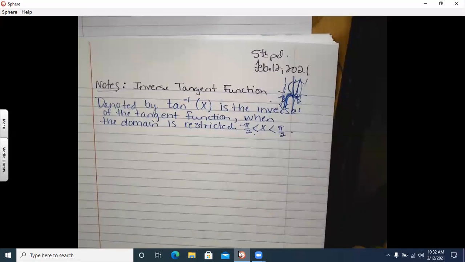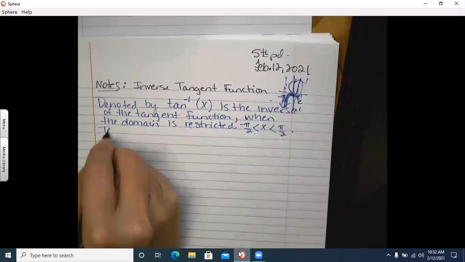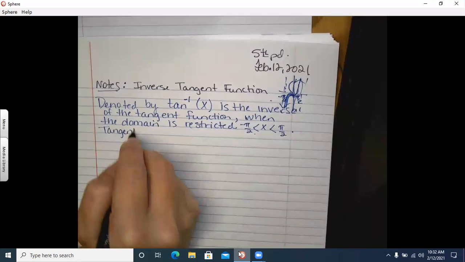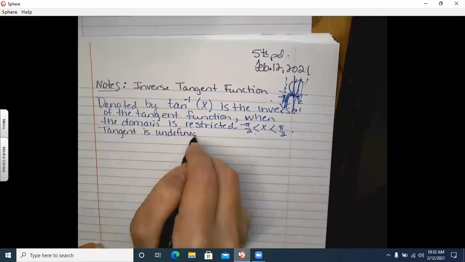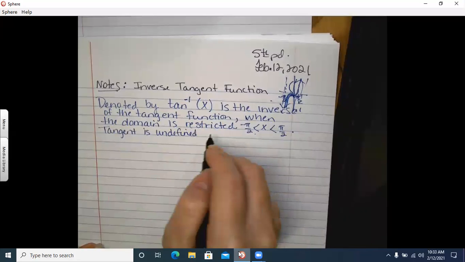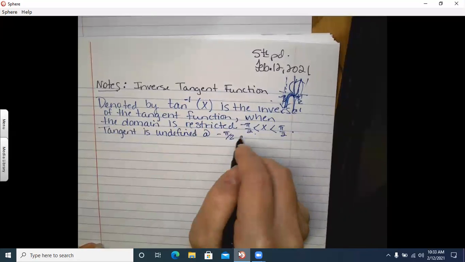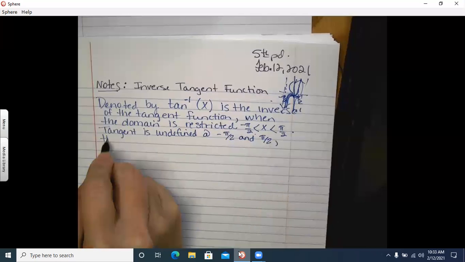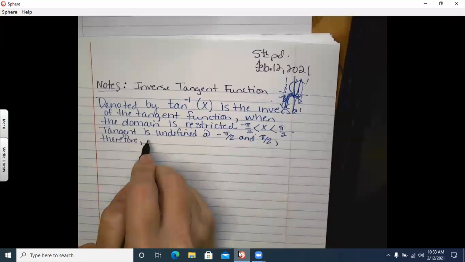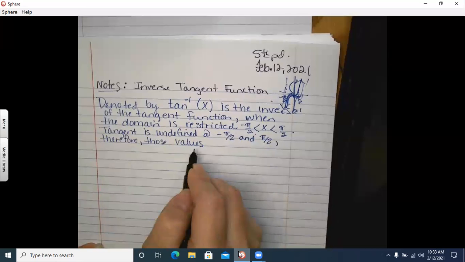Tangent is undefined at -pi/2 and +pi/2. Therefore, those values aren't included in the domain.